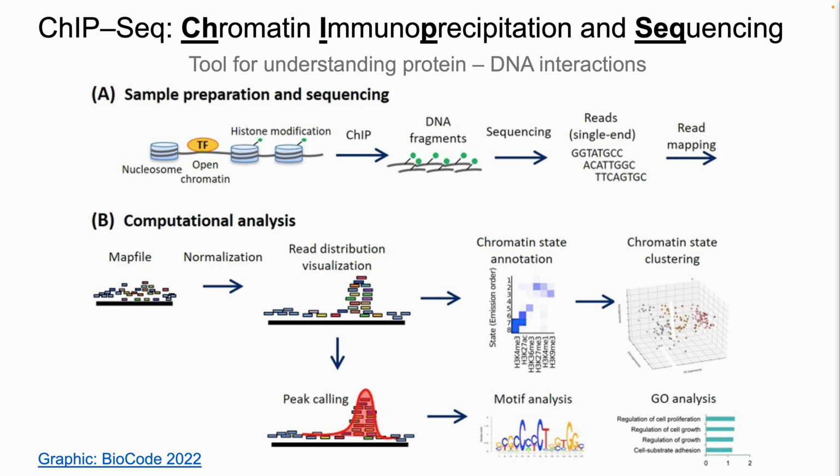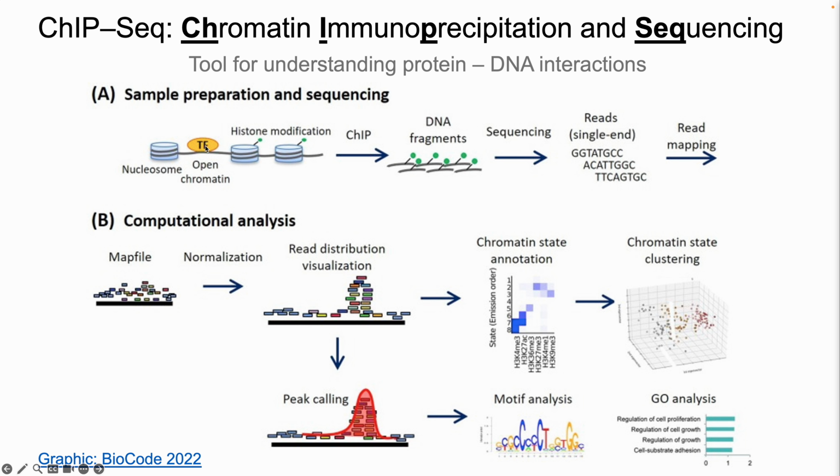The key to ChIP-Seq is you have to have an antibody that's going to recognize the thing that you want to pull down. So a methylation mark, if you're doing a histone, for example, or if you're trying to find a transcription factor binding site, then you have to have an antibody that recognizes that transcription factor protein.